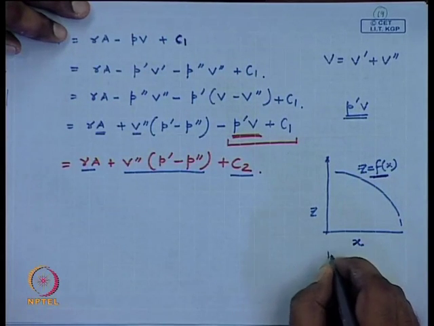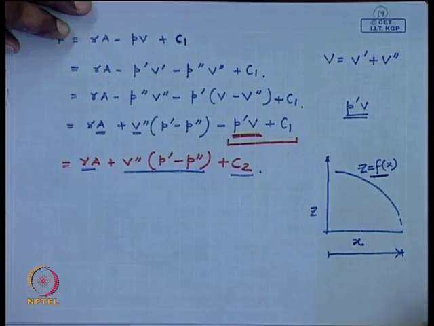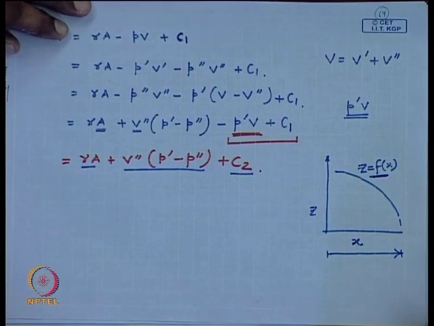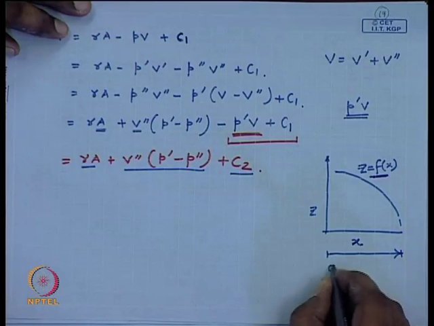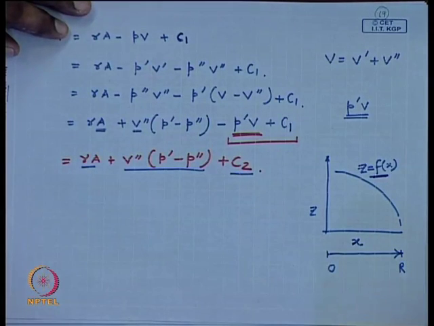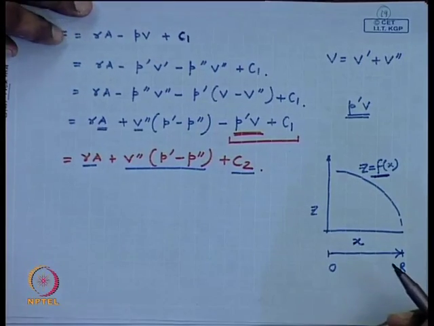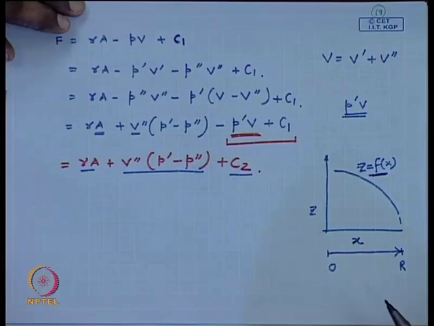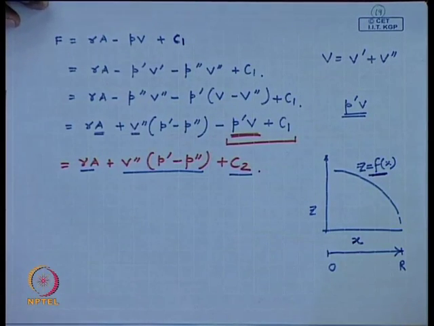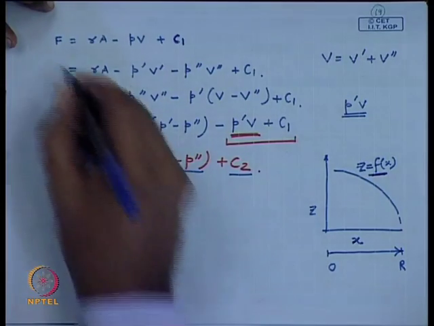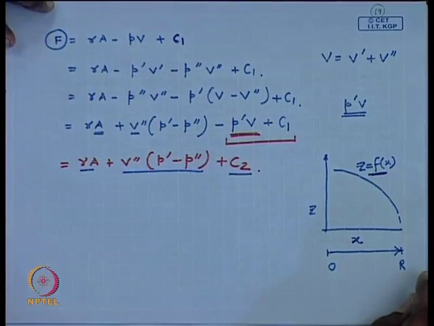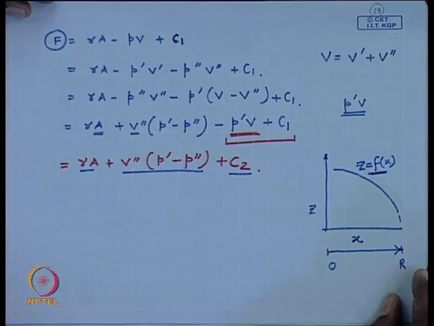So, essentially, if we can have the expression as an integral over x from 0 to r, and if we can incorporate the geometry of the surface properly into this expression, then we can have the expression of F as a function of x, and eventually our problem becomes to find the condition of optima of this energy associated with the surface, so that we can get the equilibrium configuration.